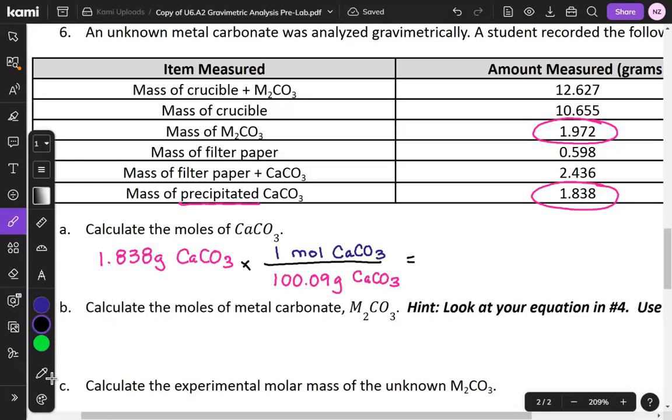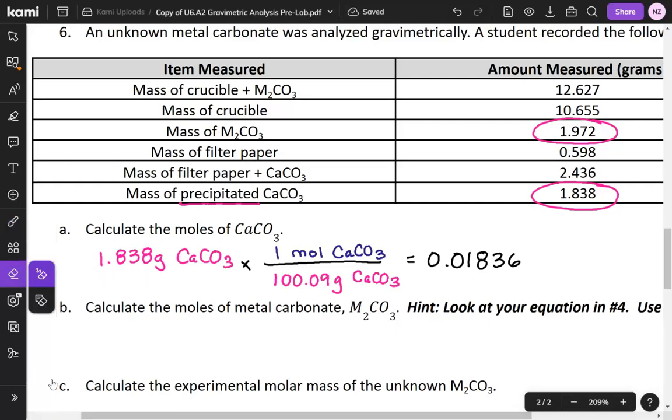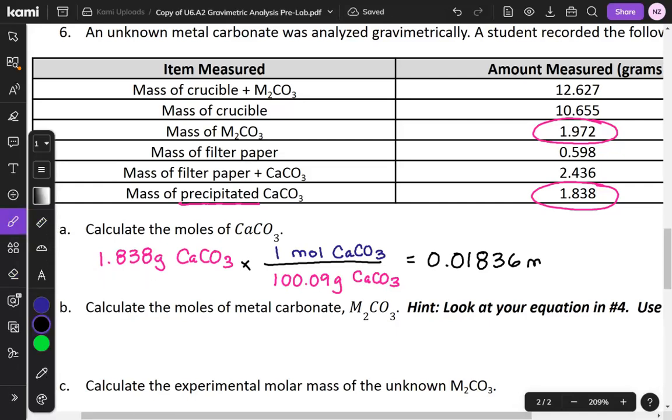So when I plug this into my calculator, I'm going to divide, because my number is in the denominator, 838 divided by 100.09, and I get 0.01836. We want to make sure we have 4 sig figs because our given is 4 sig figs. This is going to be moles of calcium carbonate.